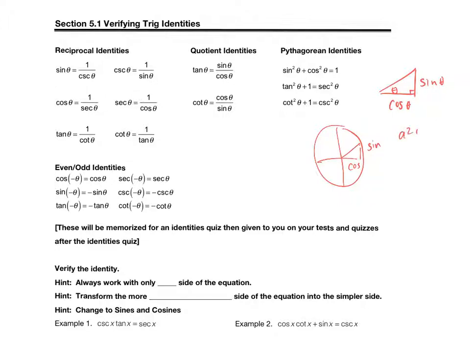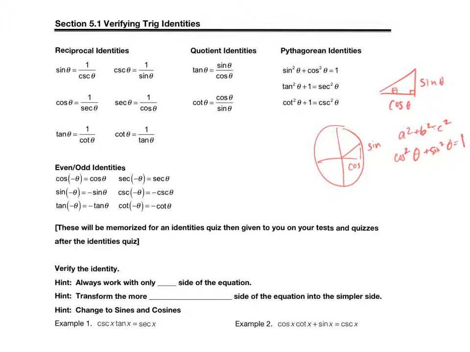So we know a squared plus b squared equals c squared for a right triangle. Here a is cosine, and we write the square with the function, not with theta, because we're squaring the cosine value, not the angle, plus sine squared theta. And on the unit circle, my hypotenuse is 1, so 1 squared is 1.